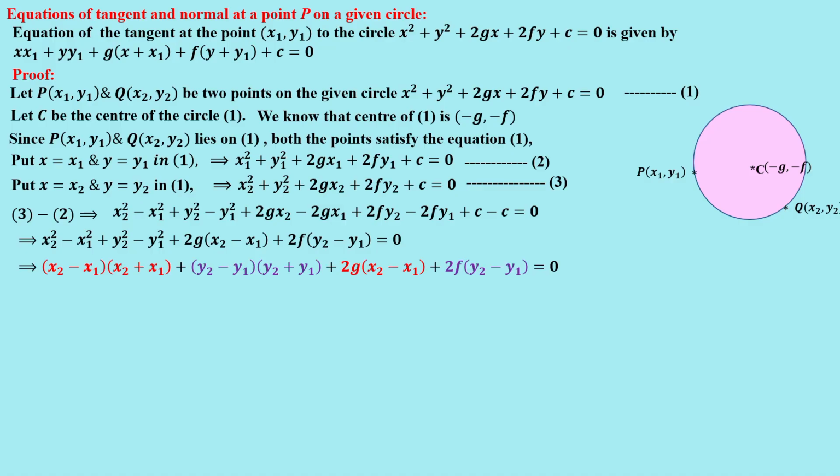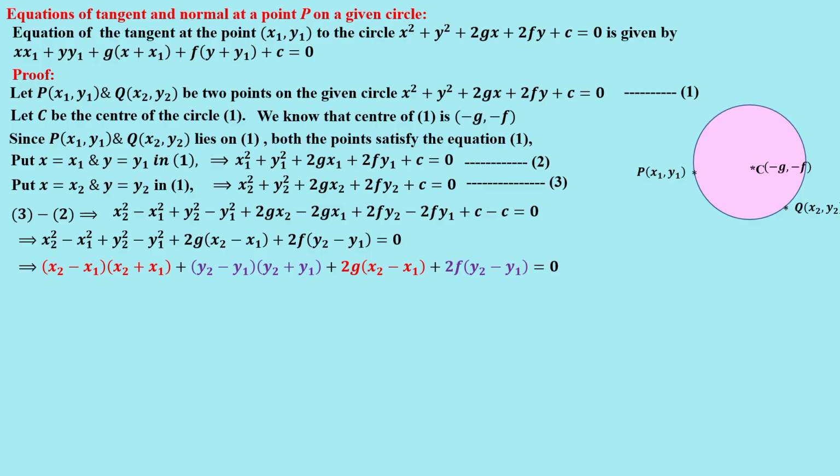Now we are using the a² - b² formula, (a + b)(a - b). For that, x2² - x1² can be written as (x2 - x1)(x2 + x1). Similarly, y2² - y1² can be written as (y2 - y1)(y2 + y1), plus 2g(x2 - x1) plus 2f(y2 - y1). Now we group according to the color, red and violet.